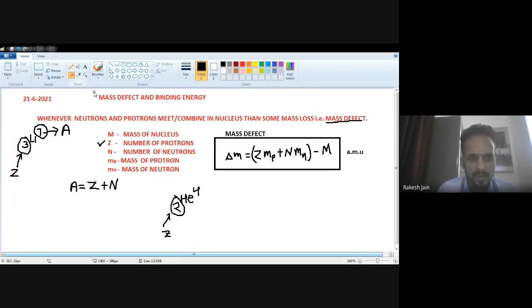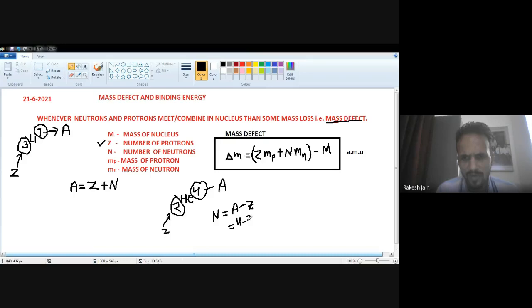If you are confused by this symbol of Z, you can use a very simple symbol. So Z is 2 for this, and A is 4. What is the number of neutrons? N is equal to A minus Z, that is 4 minus 2.